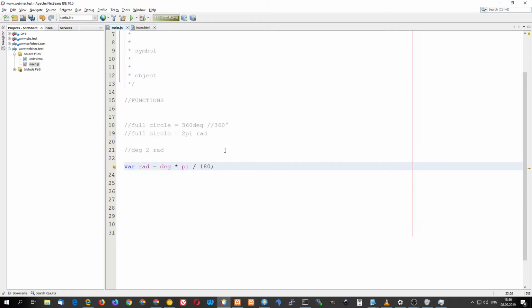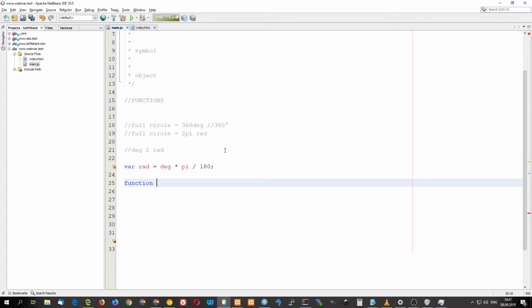So every time we got degrees and needed radians, we would have to write this over and over again, remember it over and over again, and input it into every calculation we are doing.